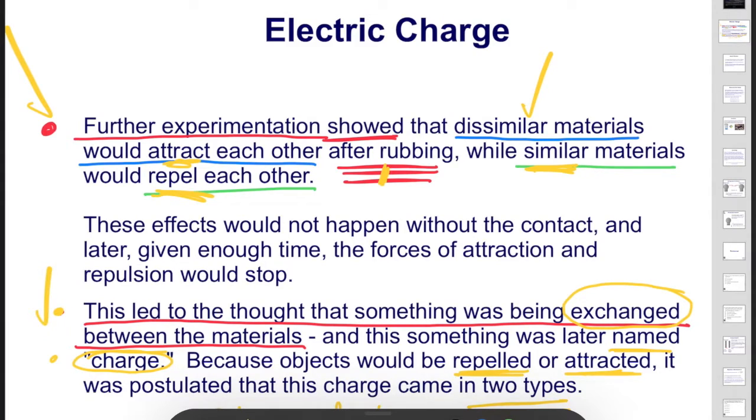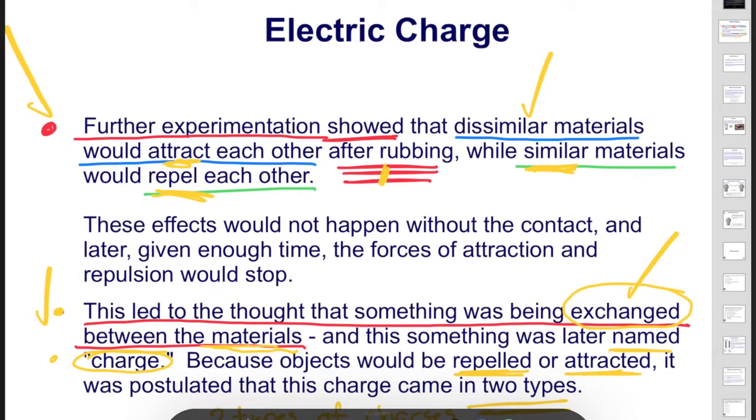Then, next point that we need to have right here is that after years of experiments and seeing that sometimes the objects go close to each other and sometimes they go apart from each other, that is attraction or repulsion, they say, since this is happening but it's different, that means that something is exchanged, something is moving between the materials.